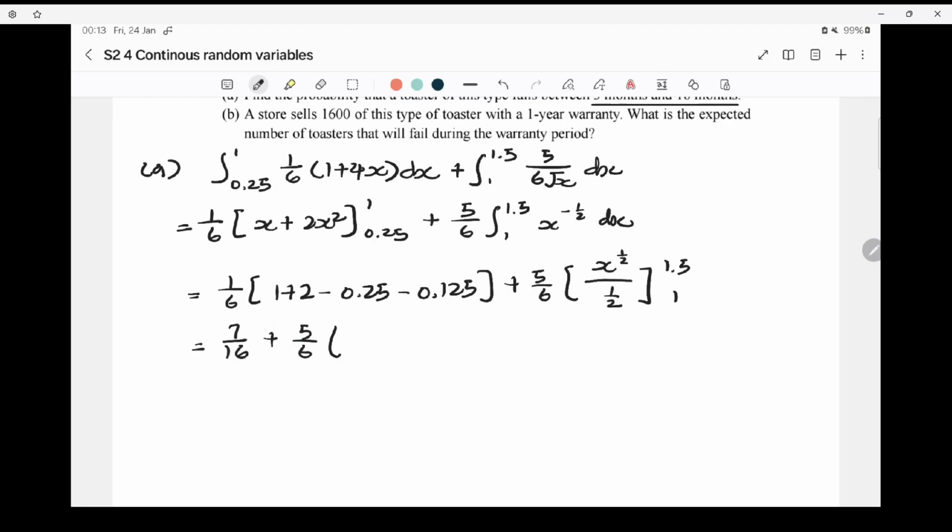Then plus 5 over 6 times the square root of 1.5 times 2, and then minus 2. So this is 0.4495. So finally calculate everything.